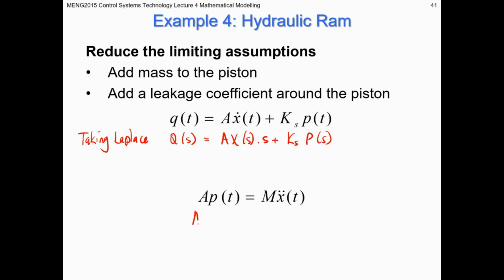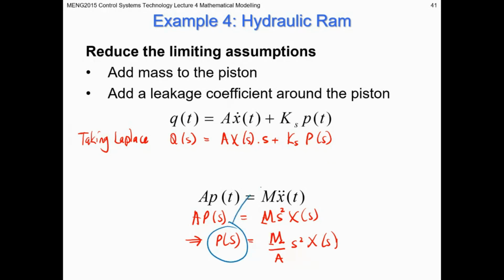And then for the second equation, you have A P of s equals m s squared x of s. Let's rearrange this one to give ourselves an expression for P of s, and then we can combine them. We're going to take this and put it into here.